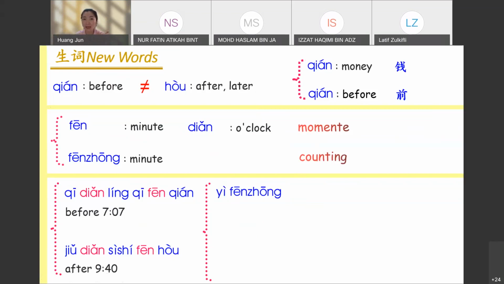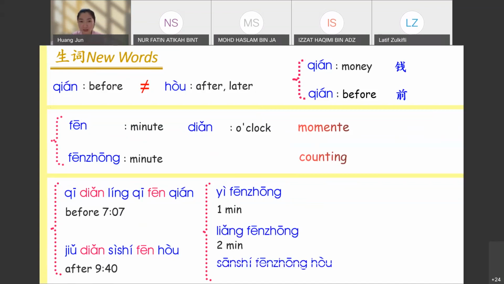Same like we use 两 for counting, but we use 1, 2, 3, 4, 5 for normal counting of other numbers. So counting for minutes, we use 分钟. Then 2分钟 means 2 minutes. Then 30分钟后, 30分钟 means 30 minutes. 后 means later, so it means after 30 minutes, or you can say 30 minutes later. Then we have another word for you, hour.